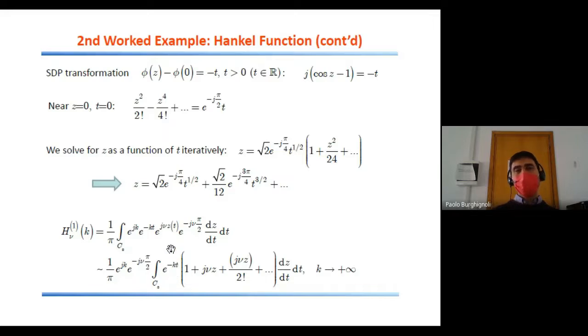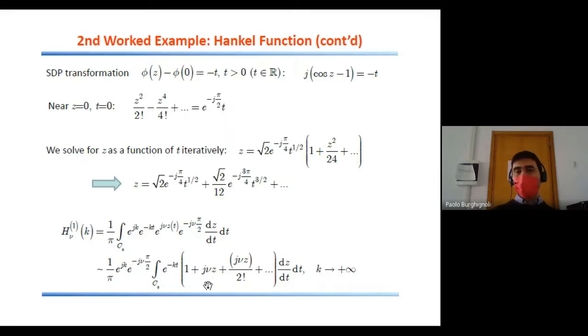And then we have the exponential that contains the order ni of the Hankel function times z as a function of t. This exponential can be in turn represented through its Taylor series, which converges again in the entire complex plane.